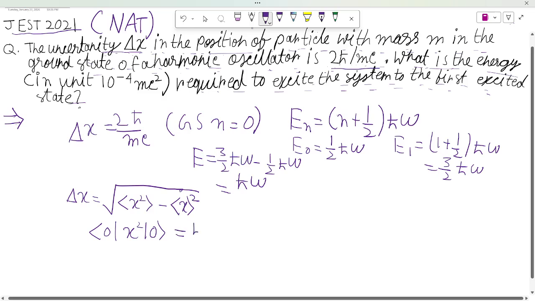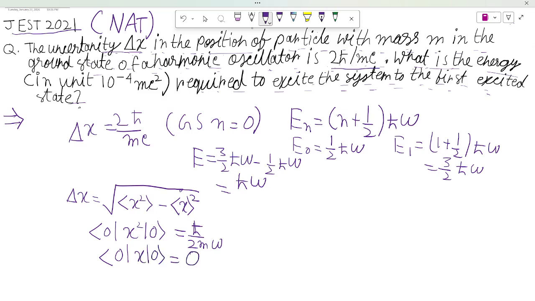That is h cross by 2 m omega, and the expectation value of x for the ground state is 0. So the value of delta x is root over h cross by 2 m omega, and that equals 2 h cross by mc.